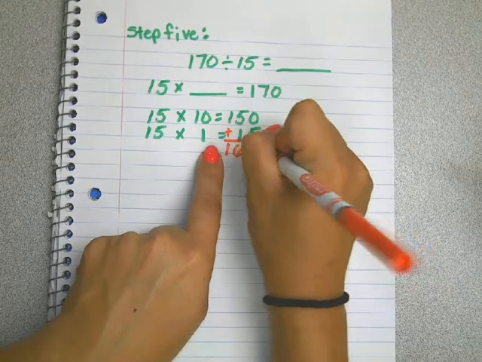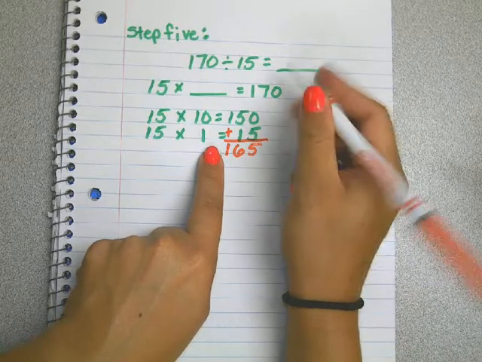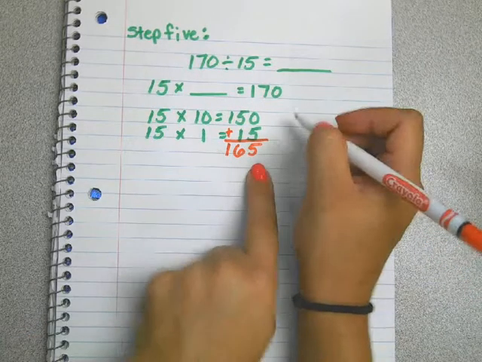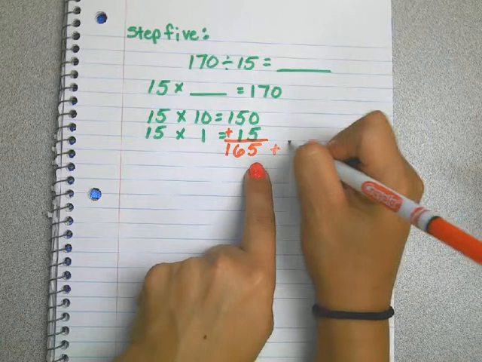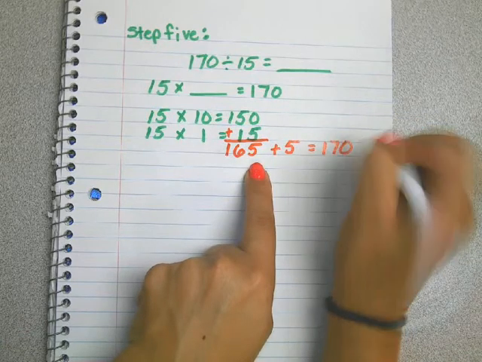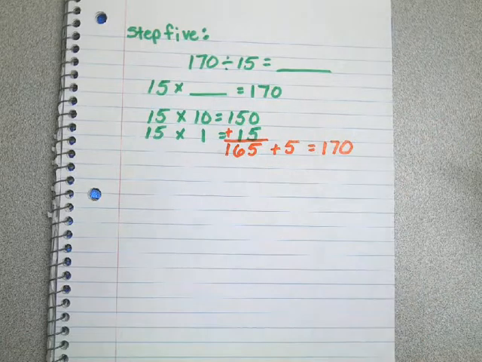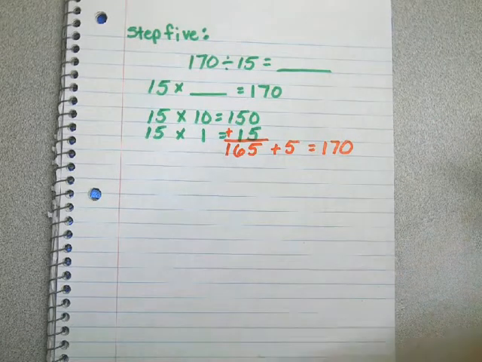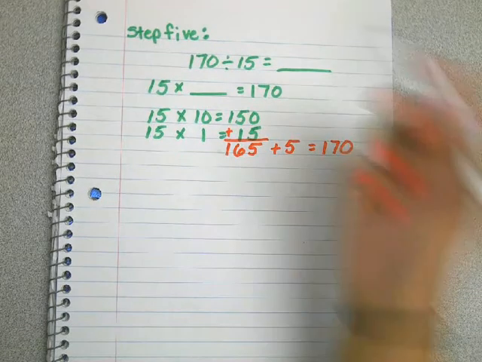We added, and we can show our addition right here. We added our product. We knew if you added another 5, you would get 170.